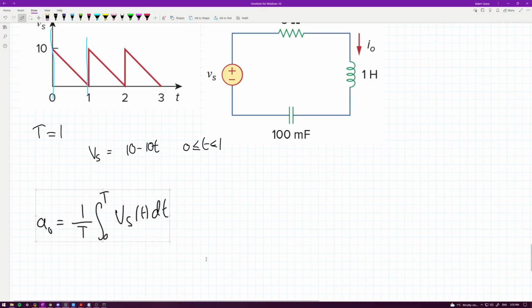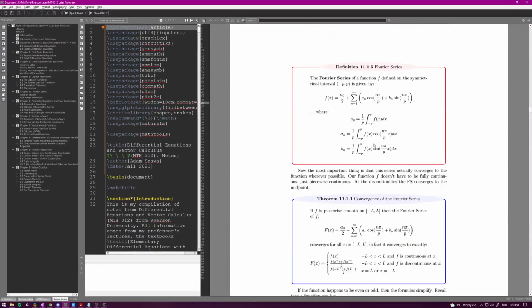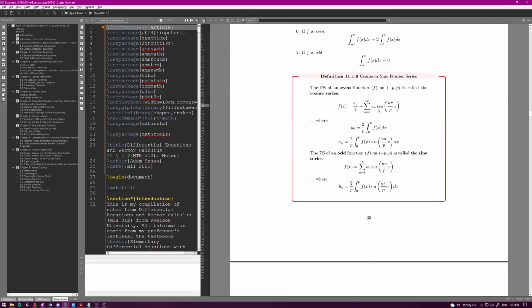Wait, what do you mean cosine? Aren't you just doing vt for the a zero? Well, a0 is just vt, and then remember in Fourier series, there's the regular Fourier series, and then if the function is even or odd, oh yeah, I understand.